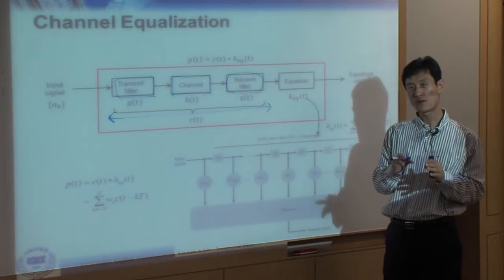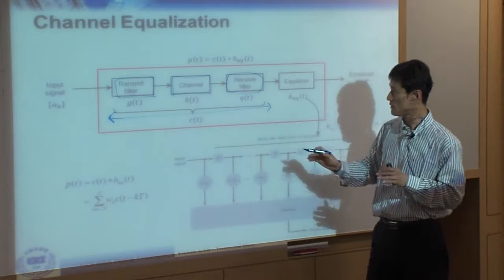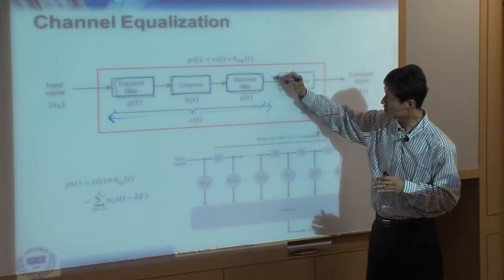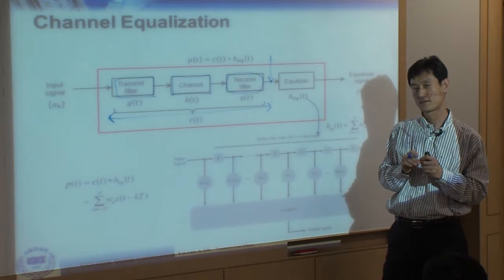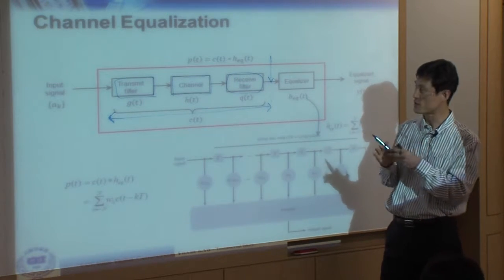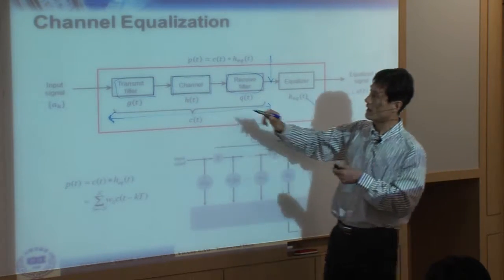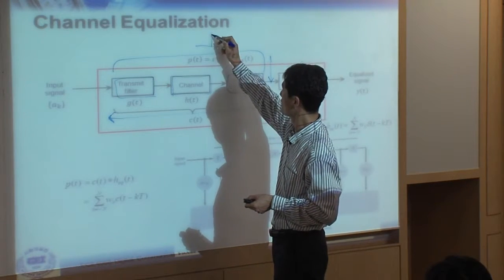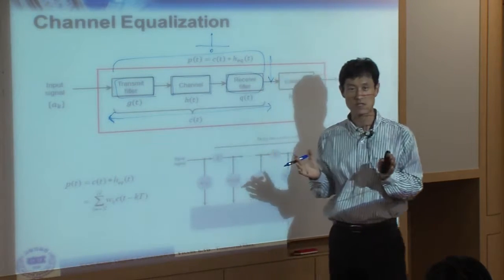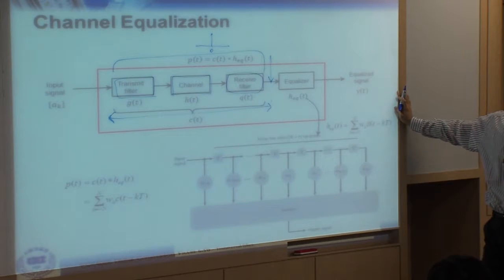If the pulse shaping filter or our design is perfect, then at this point we should have no ISI. If everything is perfect, we are not going to have any ISI, and the impulse response will be like this. In that case, everything is perfect, right? But that is just a dream.